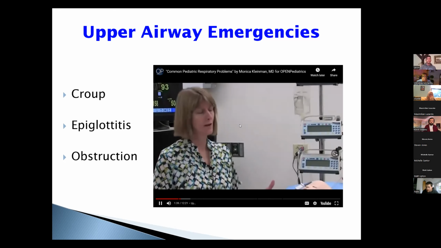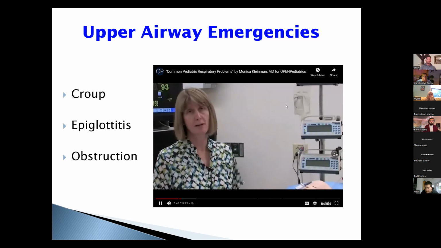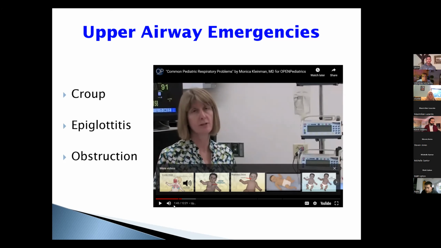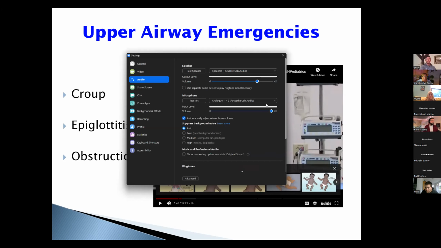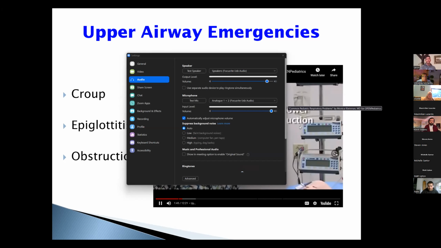Two of the most common respiratory problems that children can present, with our upper and lower airway obstruction. Is that any better at all? Yeah, that's good.